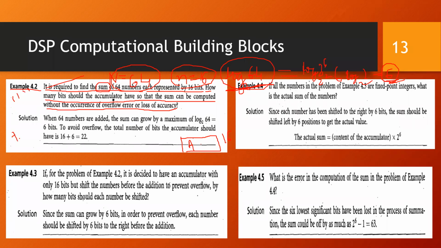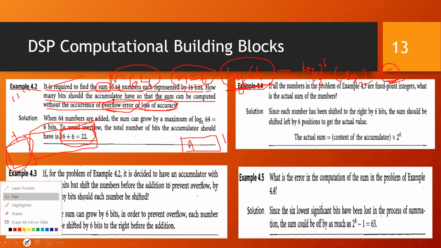When I add all these numbers, I can get 6 bits of excess. So these 16 bits along with these 6 bits have to be stored in order to avoid the overflow or the loss. Therefore, the accumulator should be 16 plus 6, which is 22 bits long.